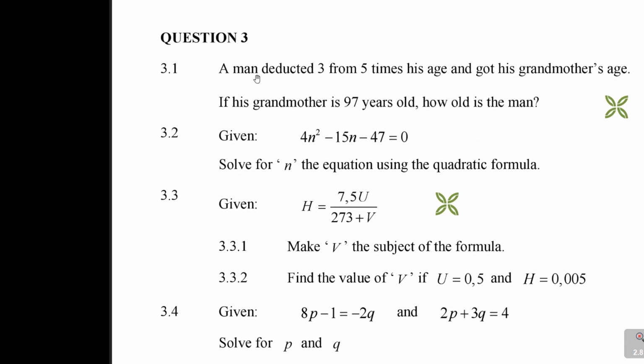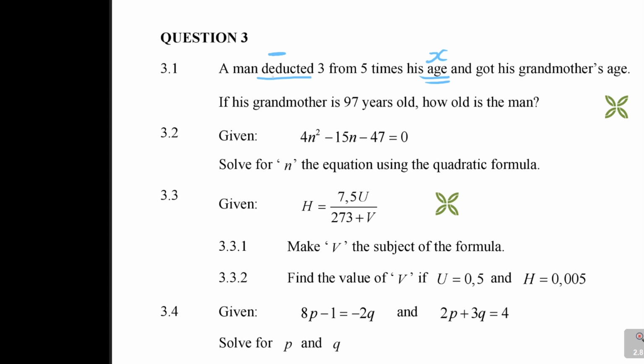So they're saying a man deducted 3 from 5 times his age. Look at this. What is to deduct? It is to subtract. Those are the words they're trying to catch me with. Now, let the man's age be x. We don't know his age, so it can be any number.